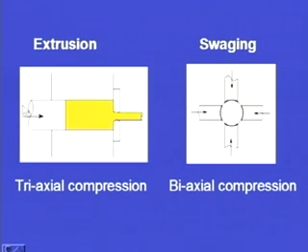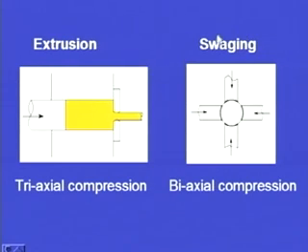We apply pressure from this side, and the metal, instead of coming out from this side, comes out through the opening in this direction. So, extrusion has 2 categories: the first is forward extrusion and the second is backward extrusion.